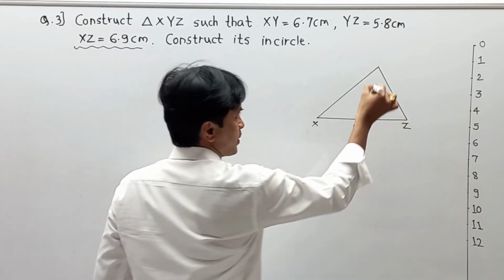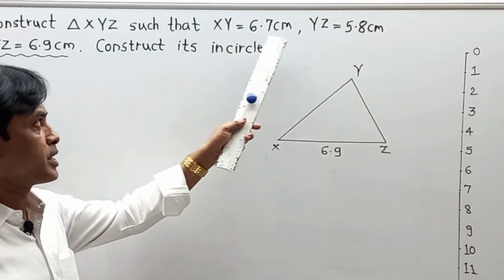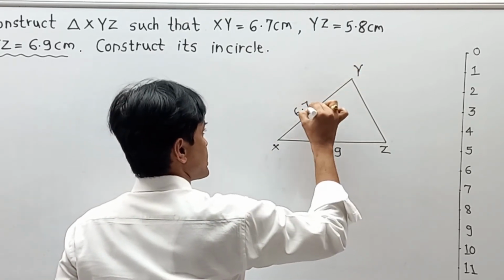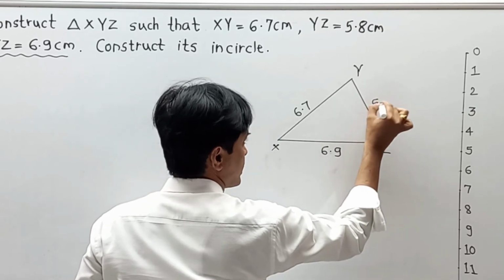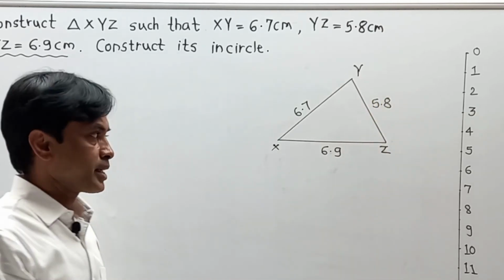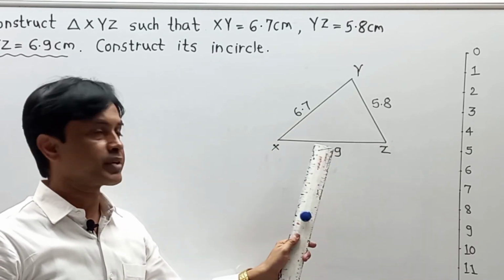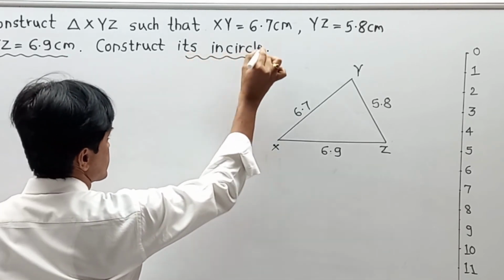Automatically the remaining vertex will be Y. As per the condition, XY is 6.7 centimeter and YZ is 5.8. As XZ is the largest, we can take it as the base, and after that we have to draw the incircle, because they have given the condition, draw its incircle.